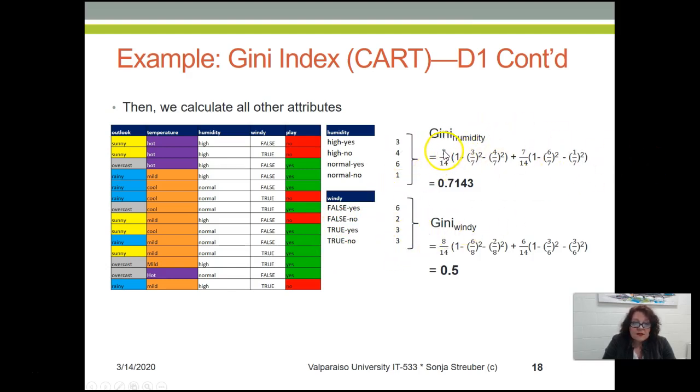We do here 7 over 14, 7 highs, 7 normals over 14, and here is our math inside of our highs and our normals. And we do the same thing for windy. Here's the 6 and 2, and true, 3 and 3, and of course here's the overall, and our result is 0.5.